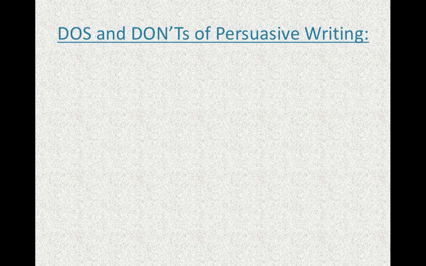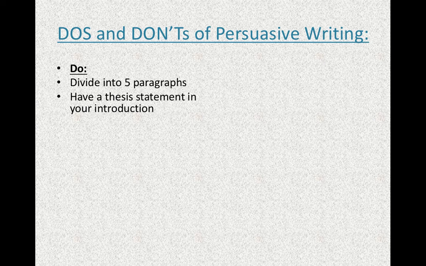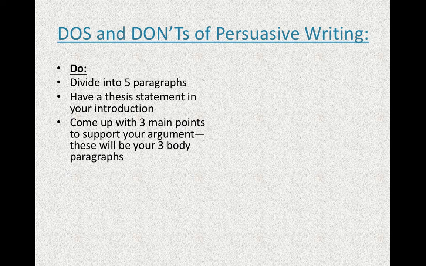So the do's and don'ts of persuasive writing. So again, you're going to divide into 5, really 4 is the minimum paragraphs. That thesis statement, or the claim I should have written, is your introduction. You're going to come up with 3 main parts or points.